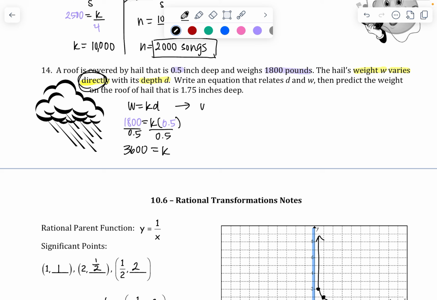And so our equation that they wanted is W equals 3,600 times D. And then now we need to use that equation to predict the weight of the roof of hail that is 1.75 inches deep. So that's our depth. So 3,600 times 1.75.